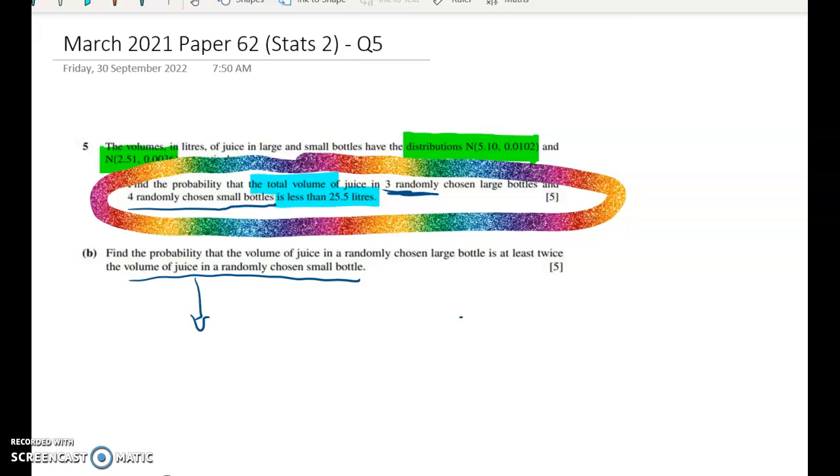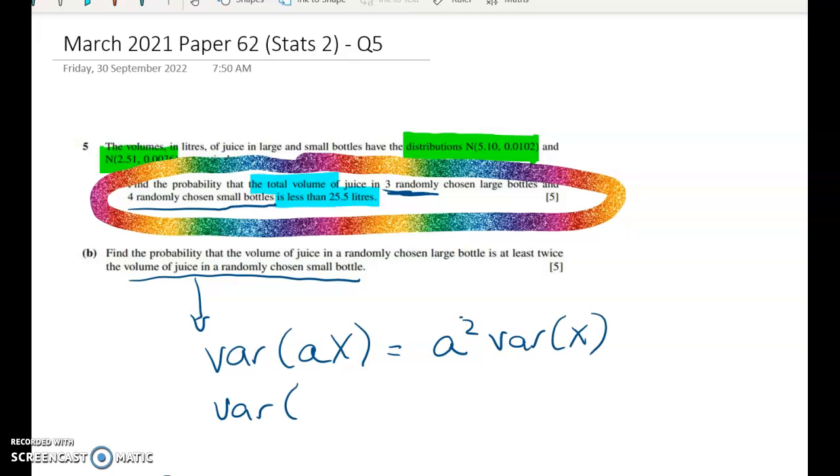So in that case, my variance is using this result, that the variance of AX is equal to A squared var X, and the variance of negative BX is equal to negative B squared var X, which is where we get the result of adding the variances, even though we've got a difference.